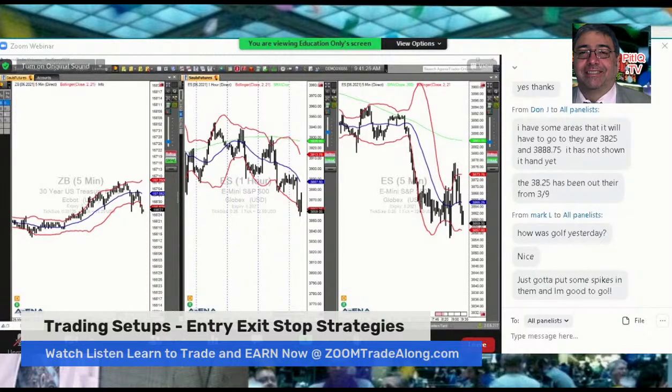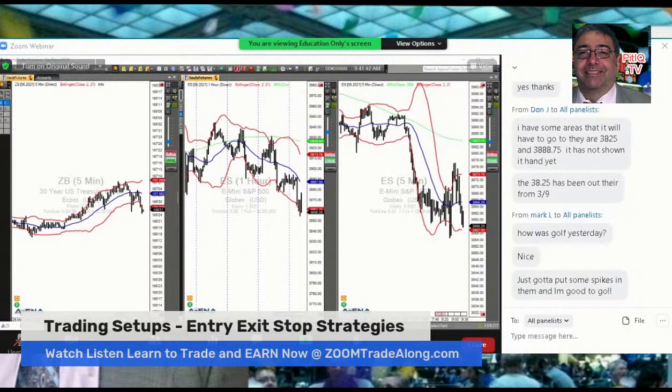This is a time when it gets choppy like this to just hang and let the market do its thing. We think it's going down, but it has these big rallies in the middle.